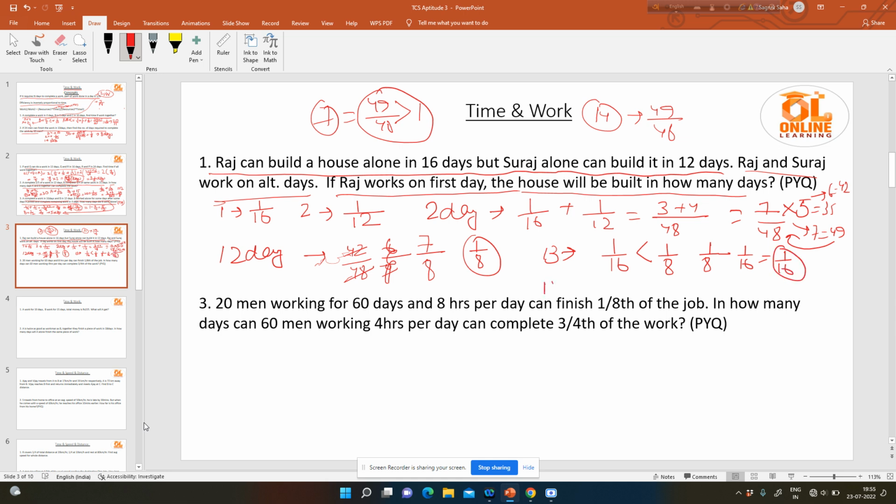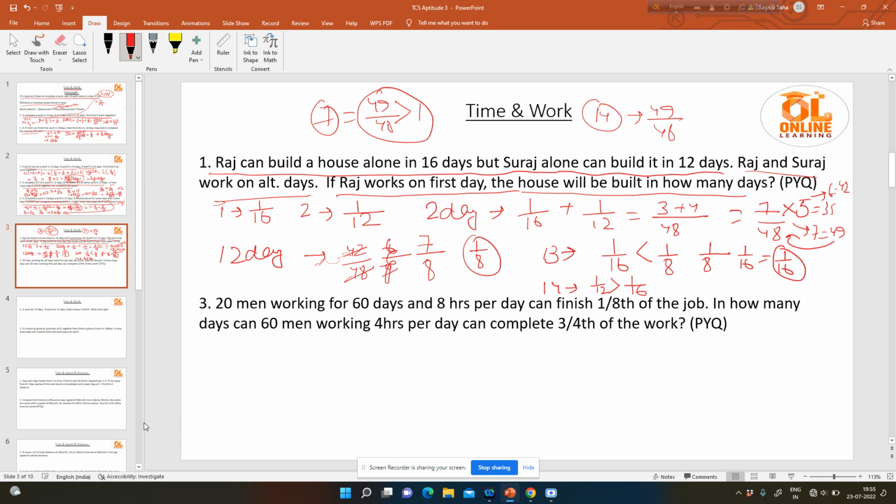Now in 14th day, who will work? Suraj will work. Okay, Suraj 1 day work is 1 by 12. So 1 by 12 is greater than 1 by 16, right? So Suraj will not take the complete day to finish the work.